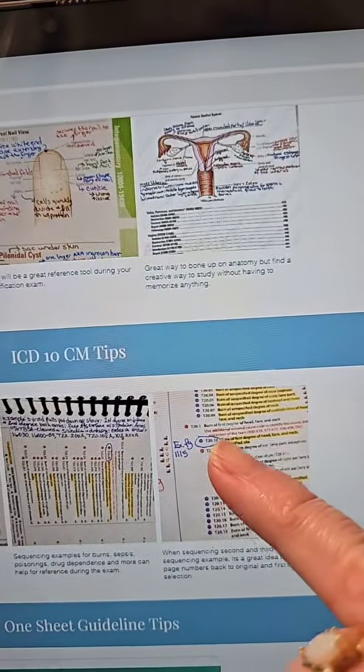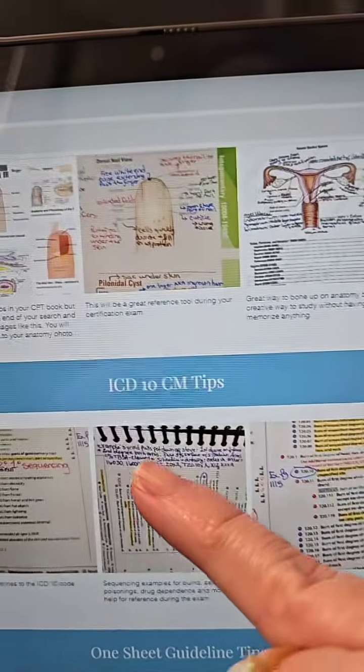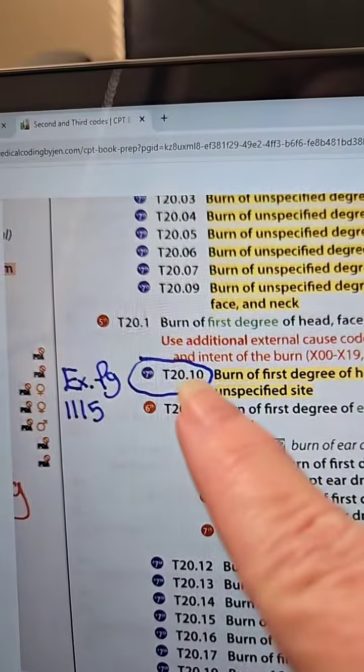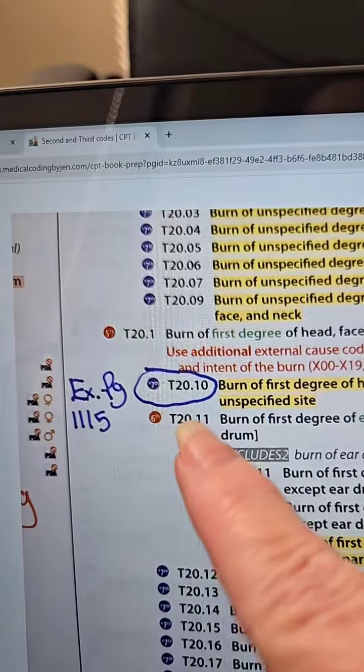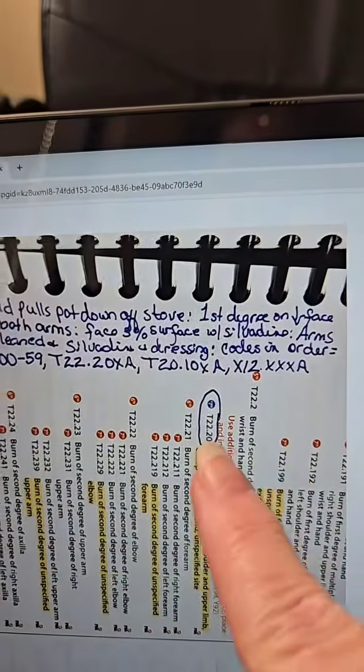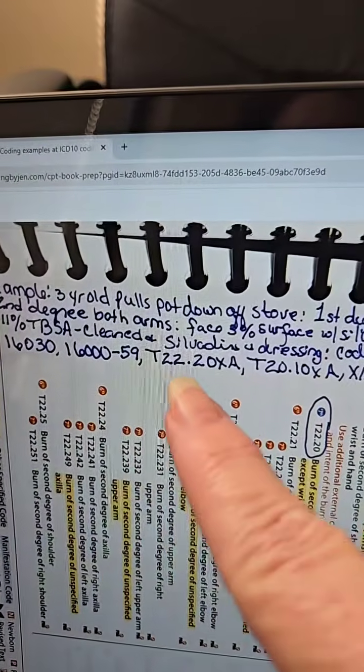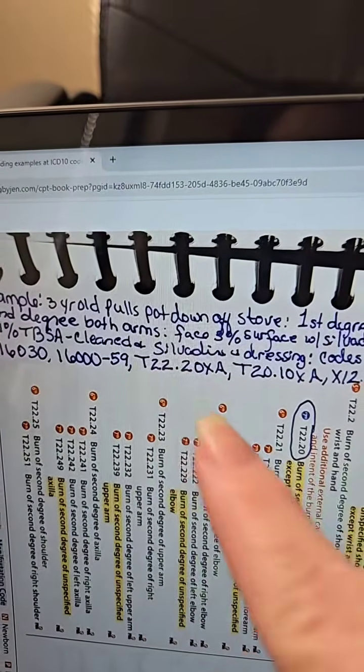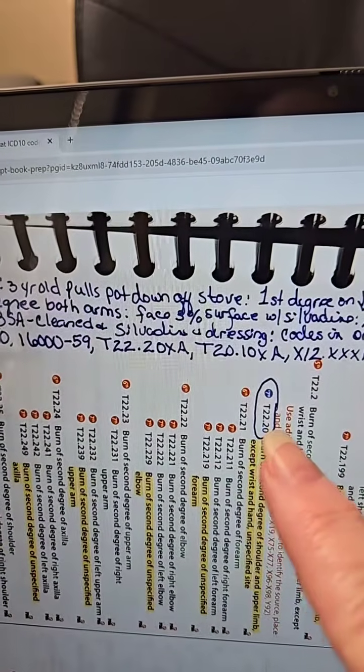I also went to each code and wrote down a page number onto the page for every secondary code of where the original first code starts out, if that makes any sense. My very first ICD-10 code for this scenario is going to be my T22.